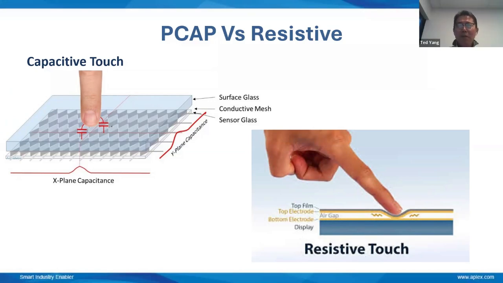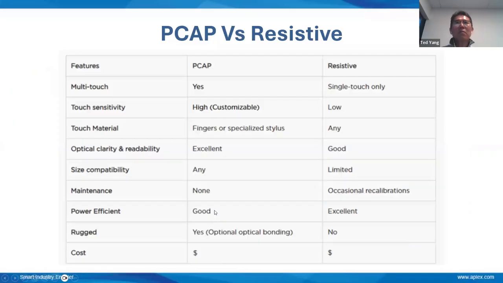And resistive uses pressure, so you have to press down, use force for the touch to actually be received. And what are the major differences side by side? Capacitive is able to do multi-touch, but resistive is single touch only.